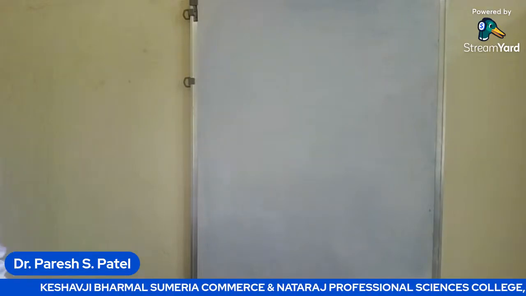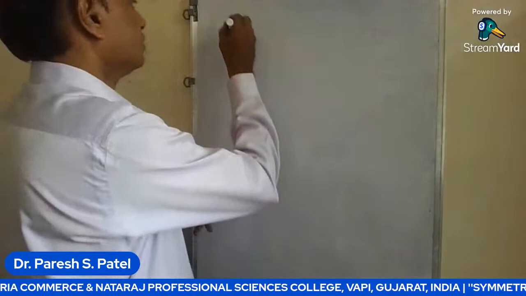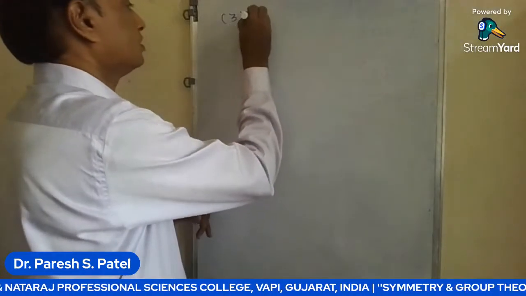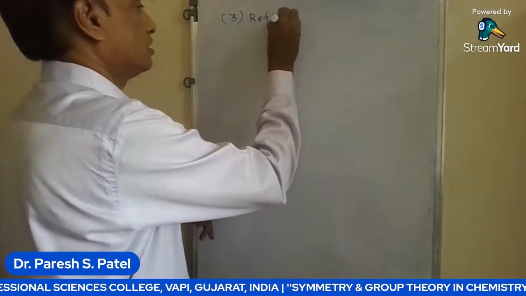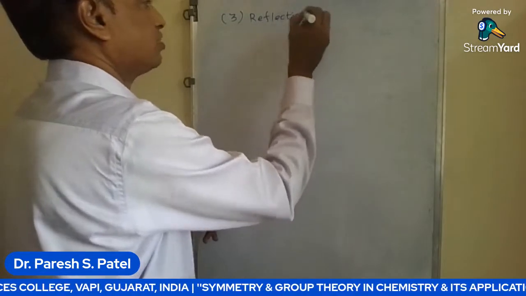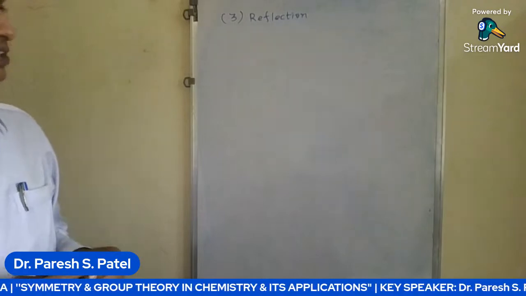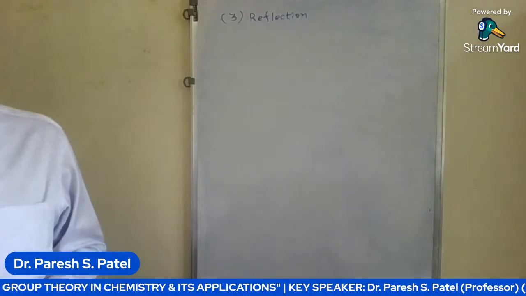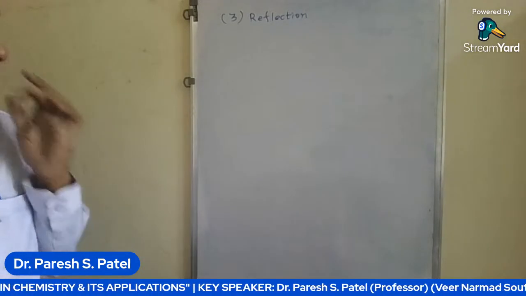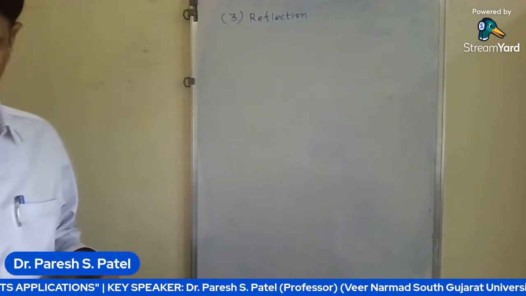Now, next one is matrix representations for reflection operation. Third one is reflection operation. Now, how to get the matrix representations for the reflection operation?